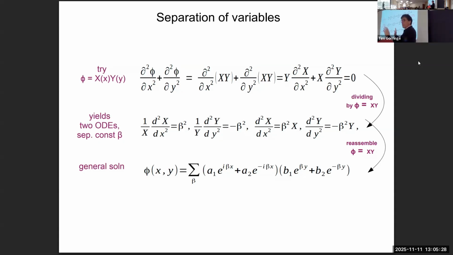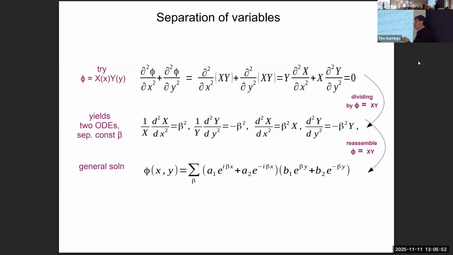In the general solution, beta could be any value whatsoever. And then the other parameters are these four: A1, A2, B1, B2, the coefficients of these four terms. So this is a hypothesized solution to the problem by separation of variables.